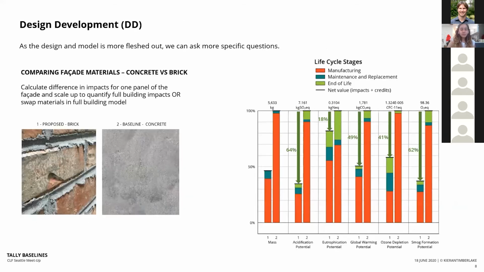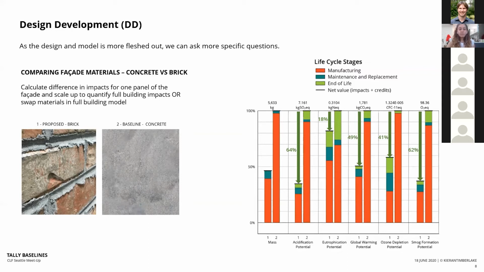And then another example I wanted to walk through is this facade materials example. So for this other project, we just wanted to understand, for the exterior finish of the facade, what are the different materials we can use and how the impacts of a concrete finished facade versus a brick finished facade stack up.